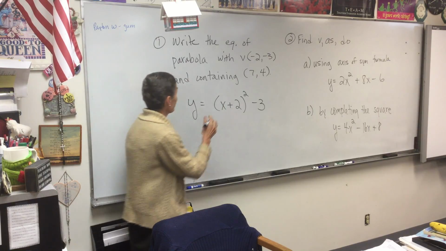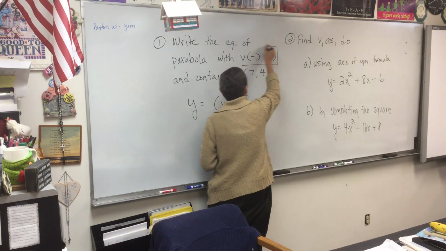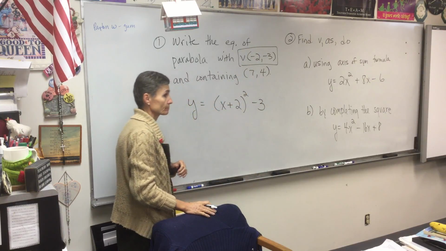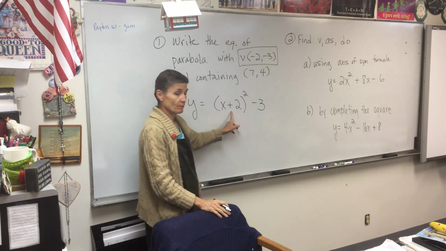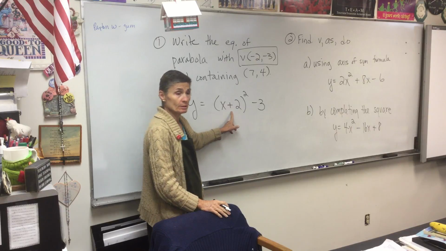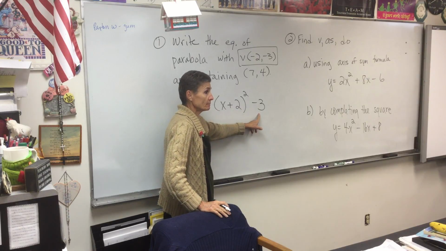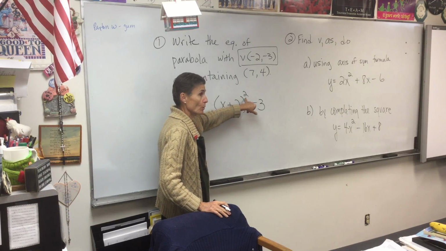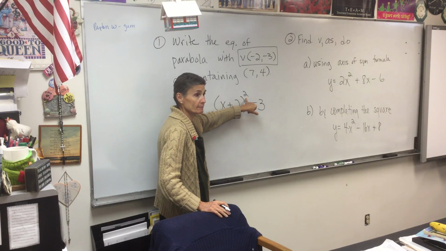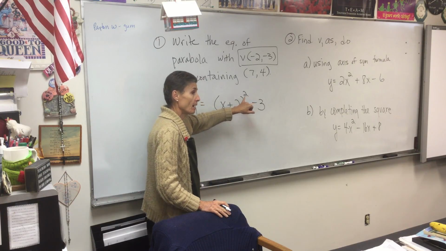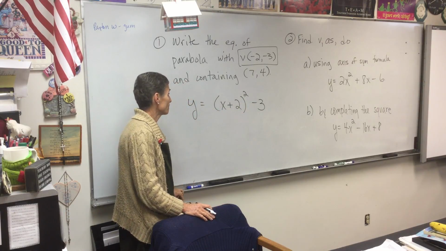Why is that step 1? Focus on the vertex. That means we're shifting left 2 and down 3. Notice the squared. You will not get the right answer if you don't put a squared on that. It's a parabola. It's got to be squared.